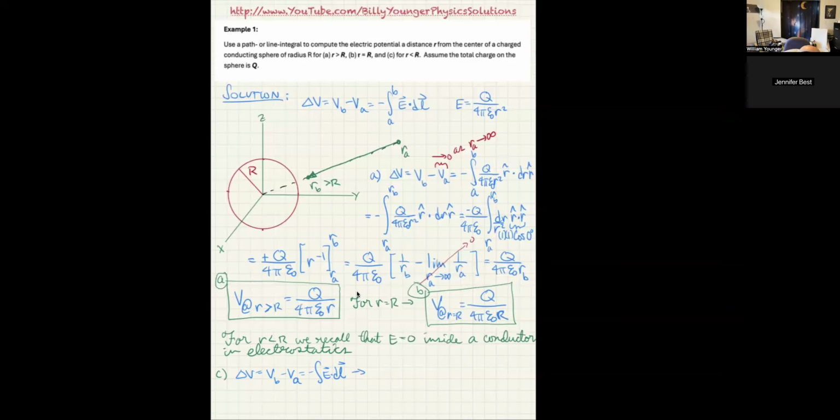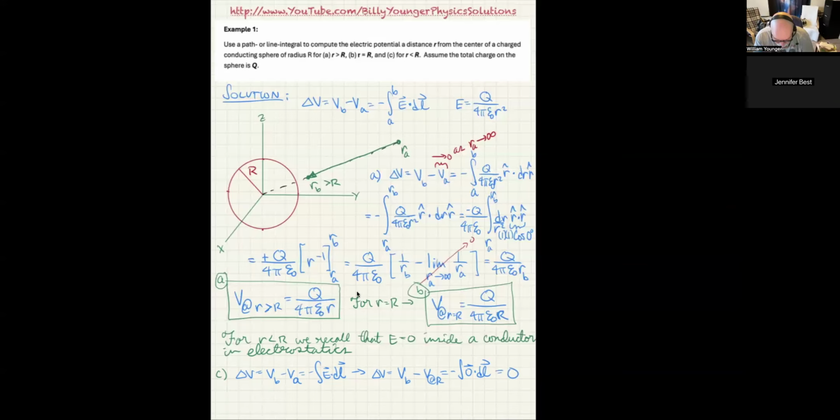In this case, we're going to transform that into delta V equals VB minus V at R. And that's equal to the negative integral of 0 dotted with dl, because the electric field is 0, and therefore we just get 0.